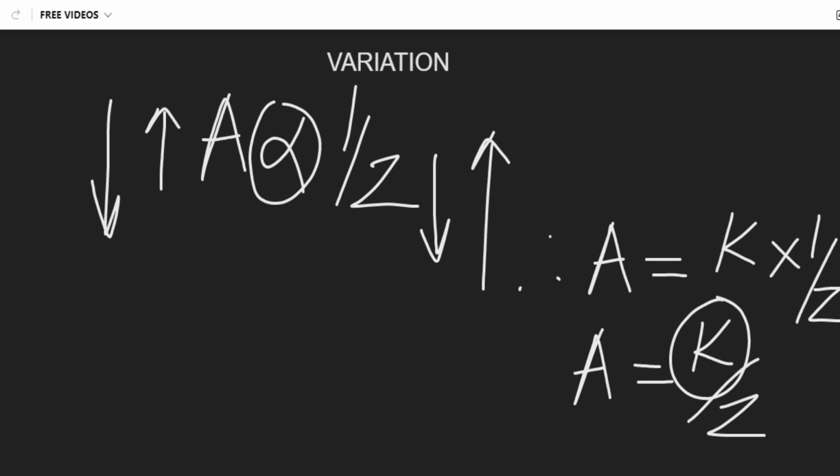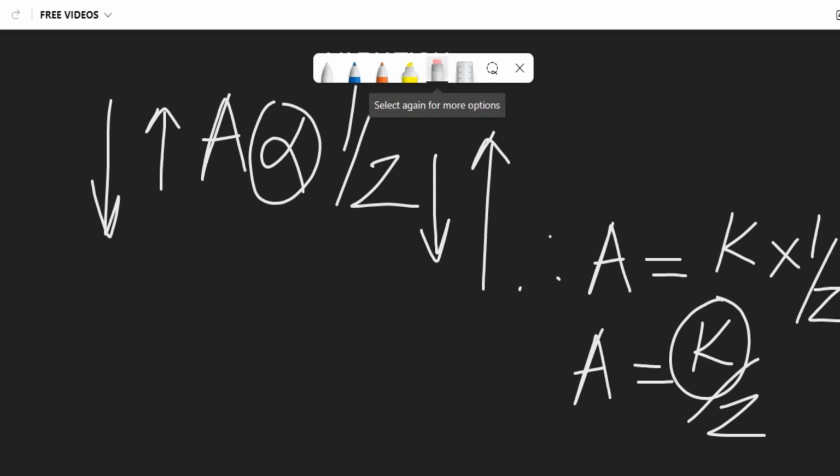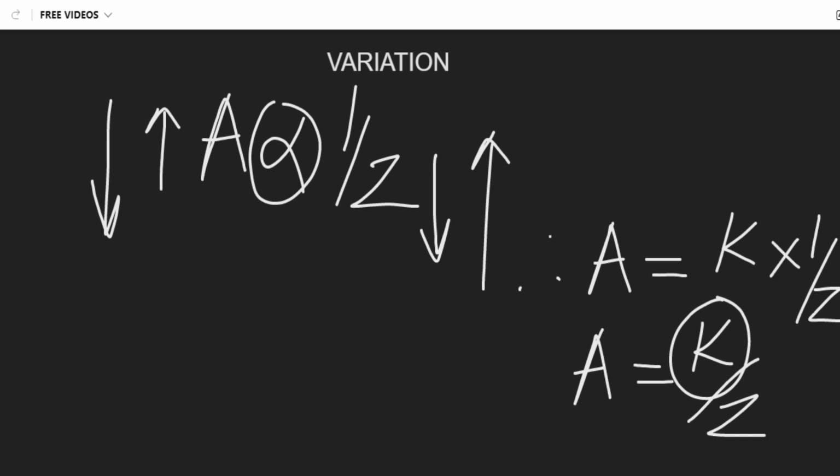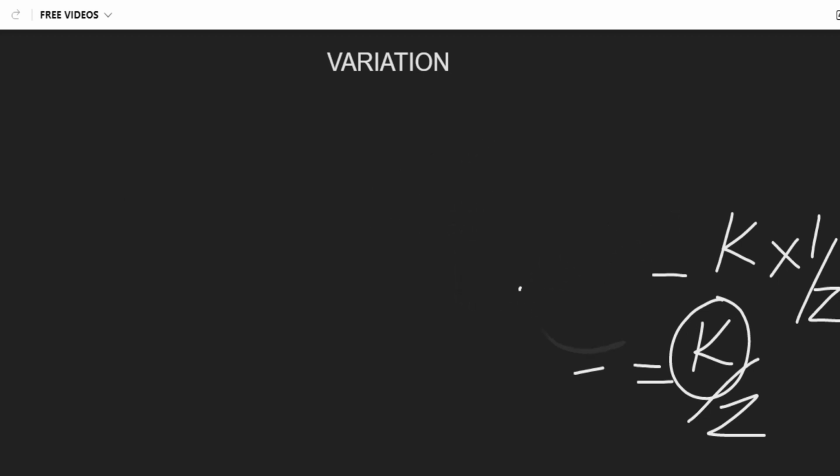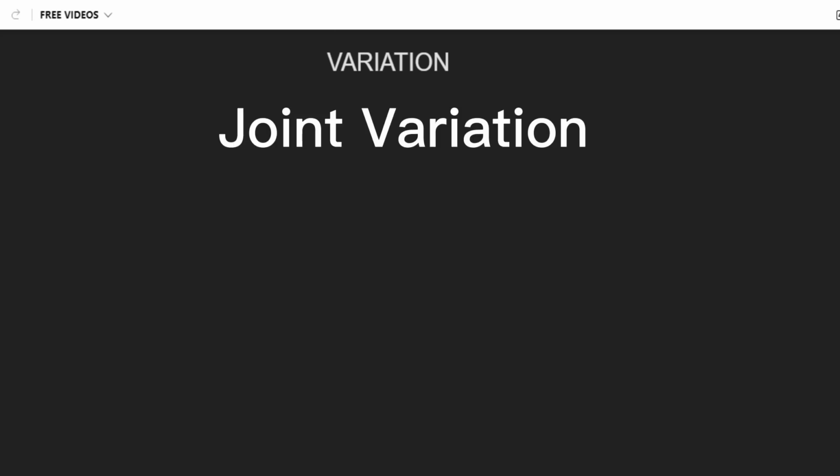So whenever you hear of inverse variation, what should come to your mind is variation in such a way that while a value increases, the other one decreases, and while the other one decreases, this other one will increase.